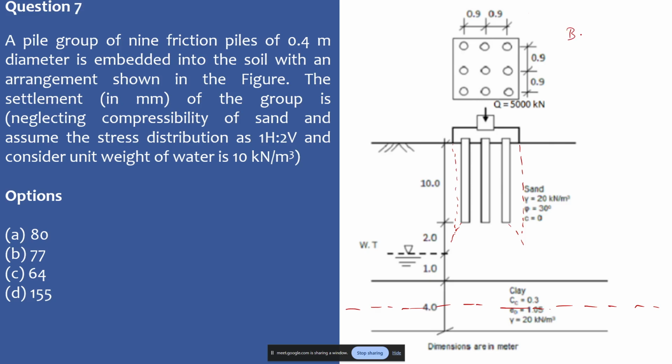So total B will be 0.9 plus 0.9 plus 2 times the radius, that is 0.9 plus 0.9 plus 0.4, which is basically 2.2, right? Yes, sir. So the projection area which you need to consider is from here.